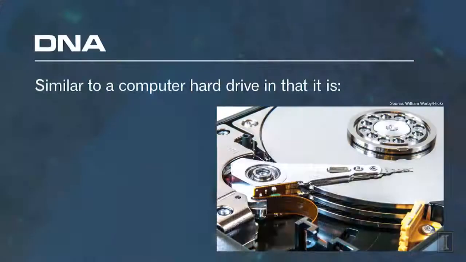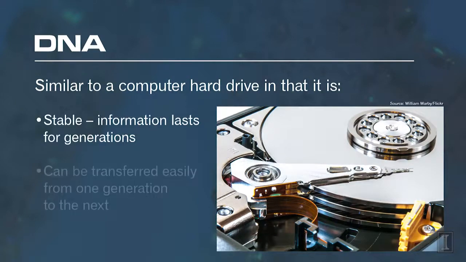Why does life use DNA and why does it use RNA? What's the difference between them? So the analogy that I'd like to use is that the DNA is like the hard drive in your computer. So the DNA is very stable, and it can be transferred easily from one generation to another.